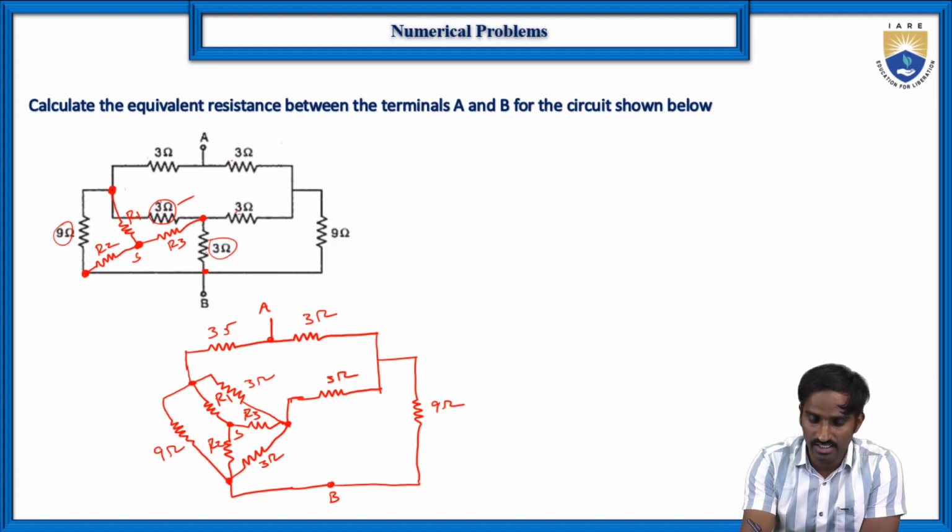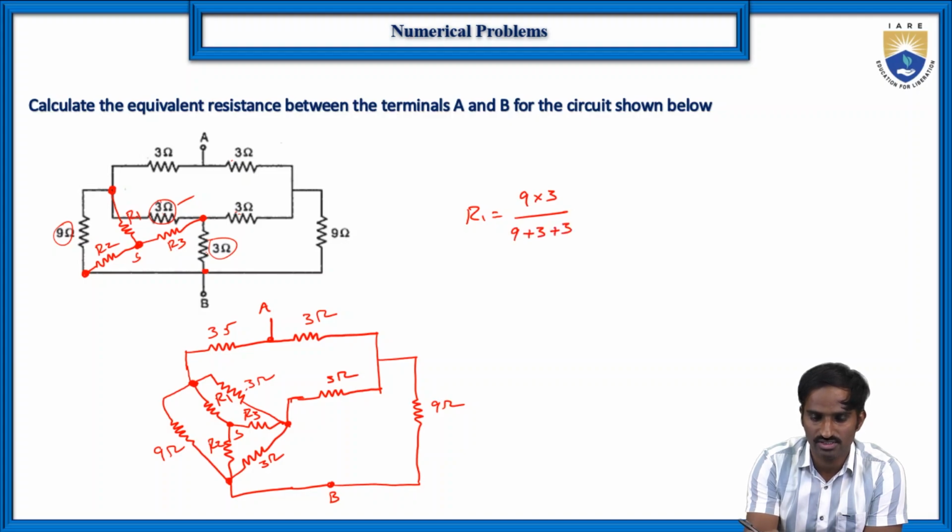First let us write the equation for R1, because here the values are different, so that you will understand clearly. What are the two other resistors connected to this particular node of R1? 3 and 9. So R1 is 9 into 3 by 9 plus 3 plus 3, the total resistance.